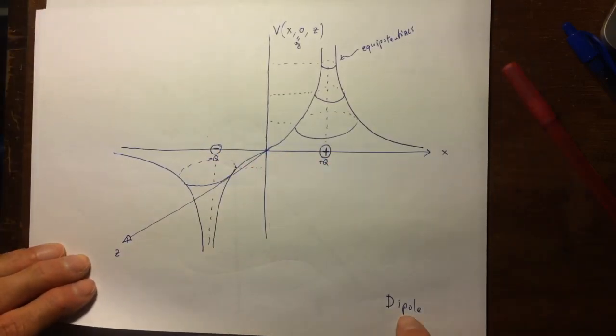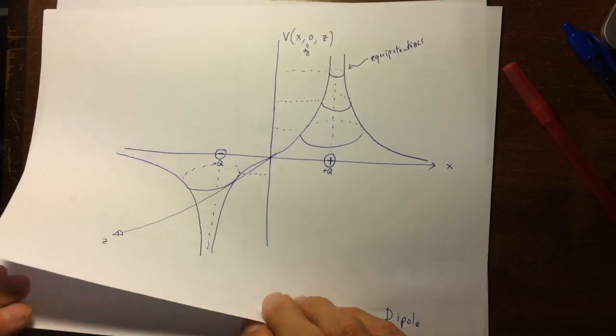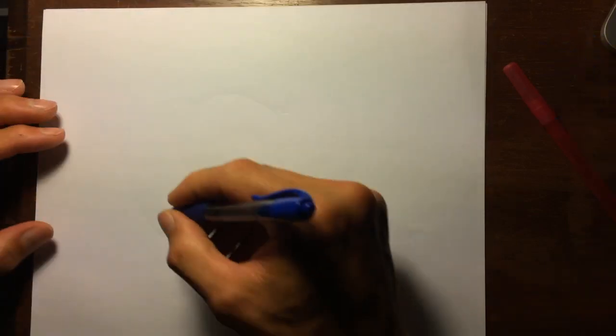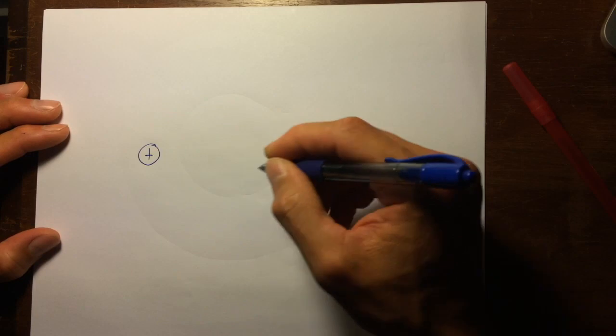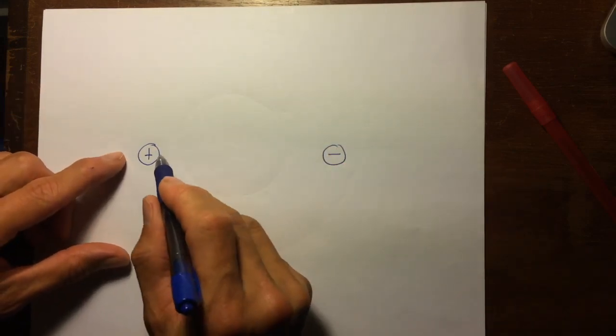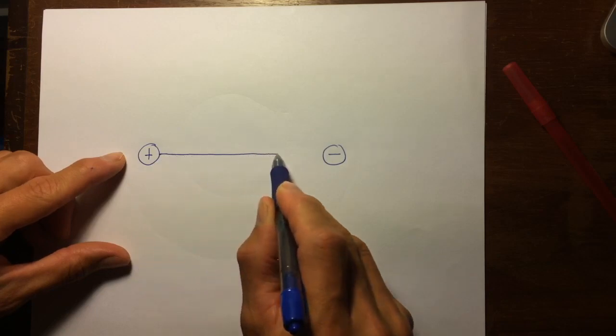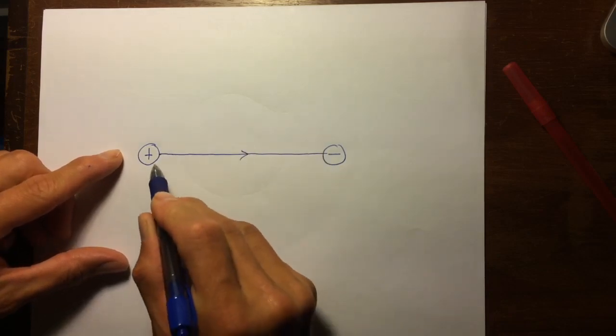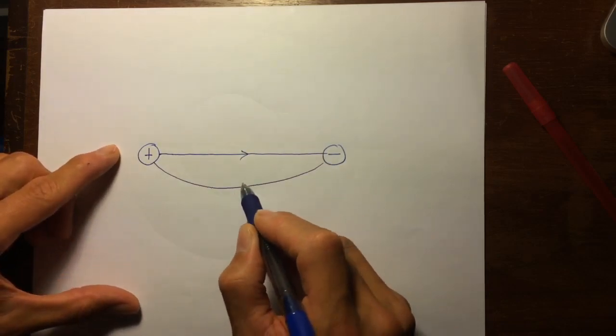This dipole, let's draw its equipotential surfaces. So here is a plus and a minus, and you may remember that the field lines for a dipole look like this.